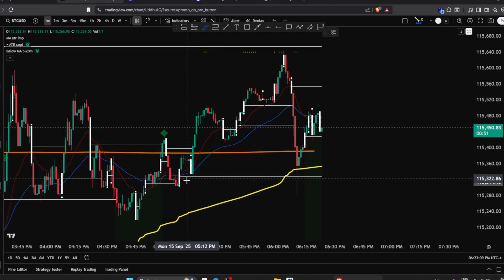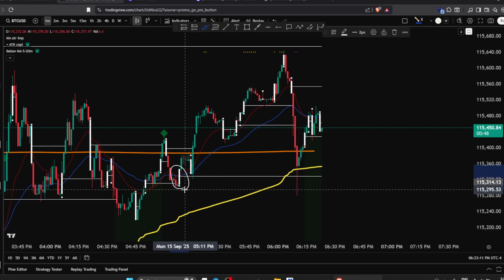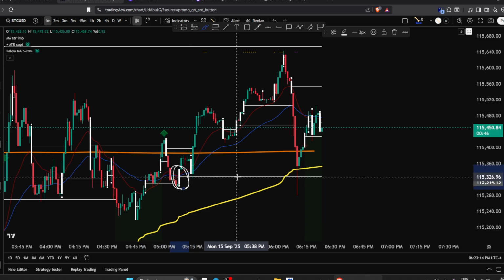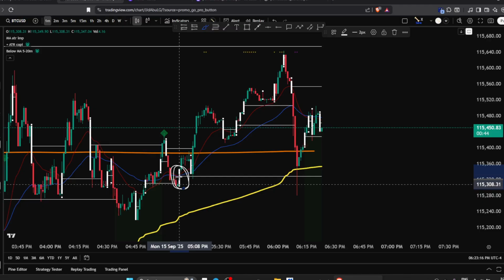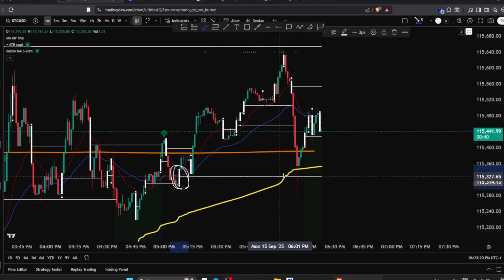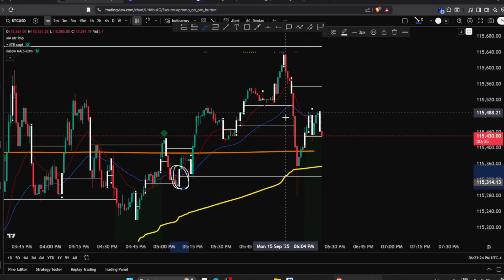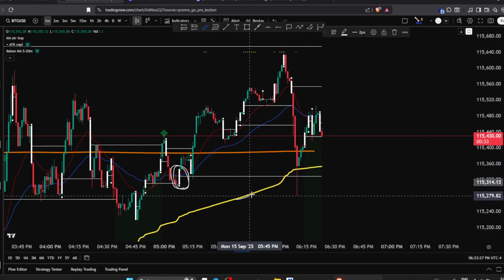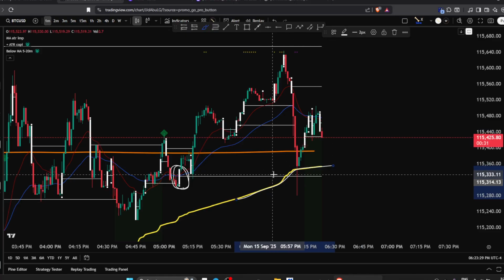This white line is the midpoint for this candle, including the wick. Doesn't have a wick here, but yeah. So really high probability, I notice, when price comes down like this and then it hits the moving average.